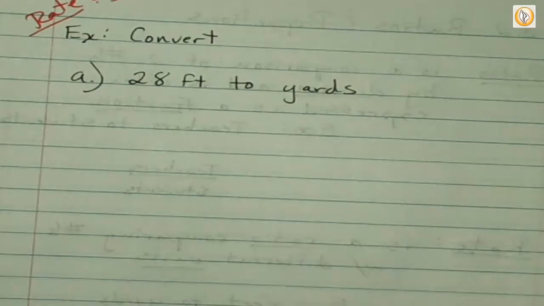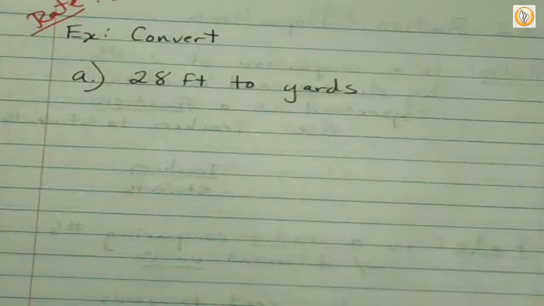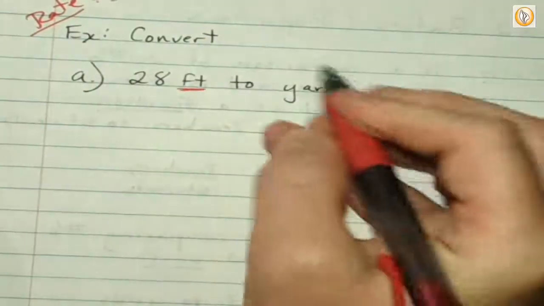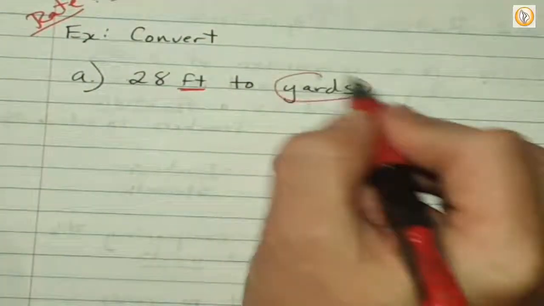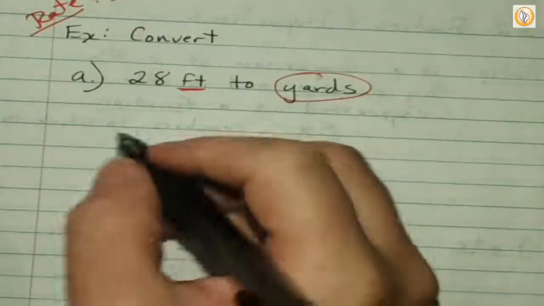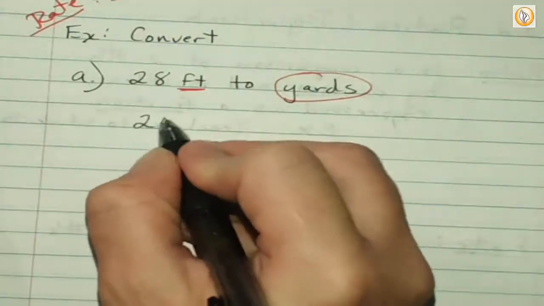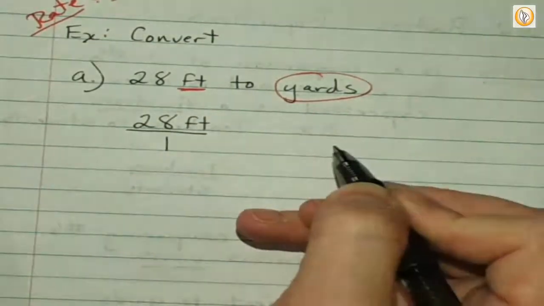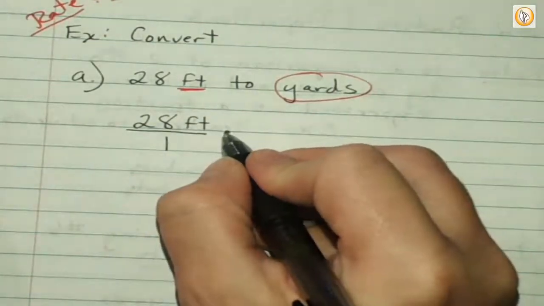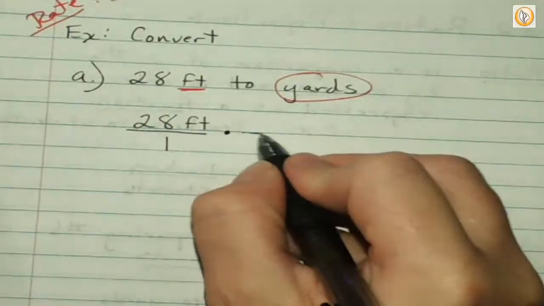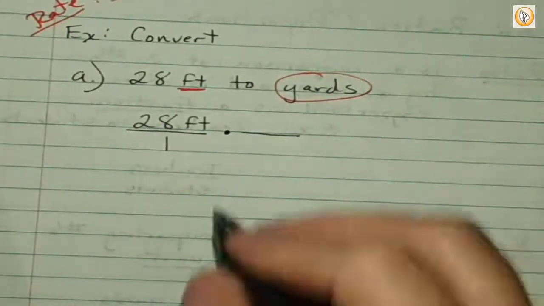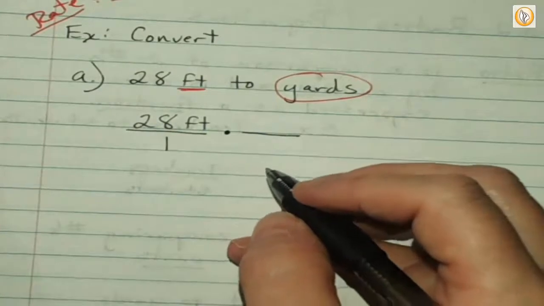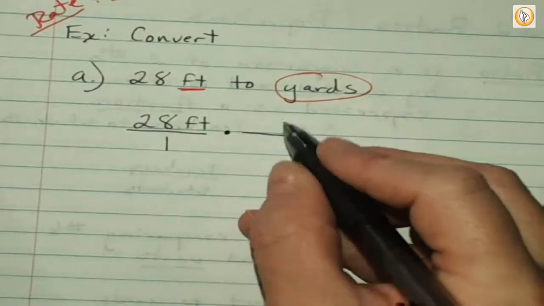I'm not going to try to scare you on that, okay? But we're going from feet to yards. So this is how you would write it. 28 feet over 1 times, who remembers where feet needs to go, Taylor? On top or bottom?